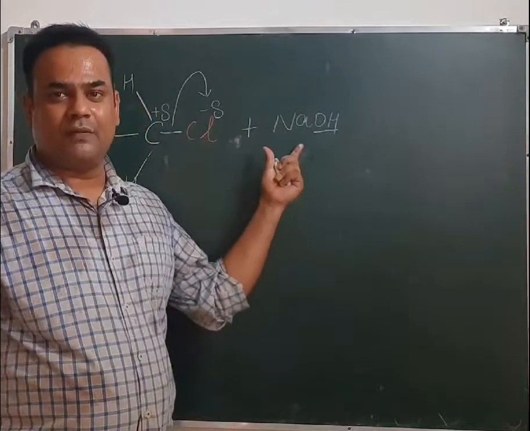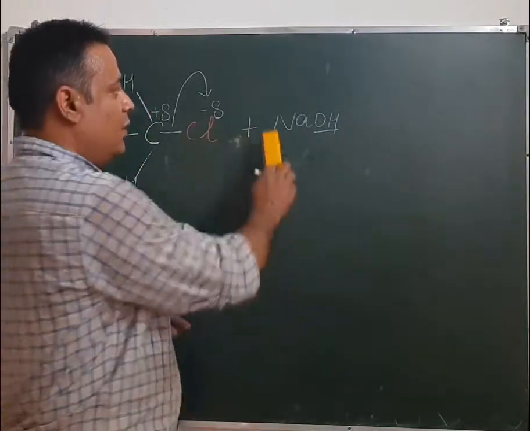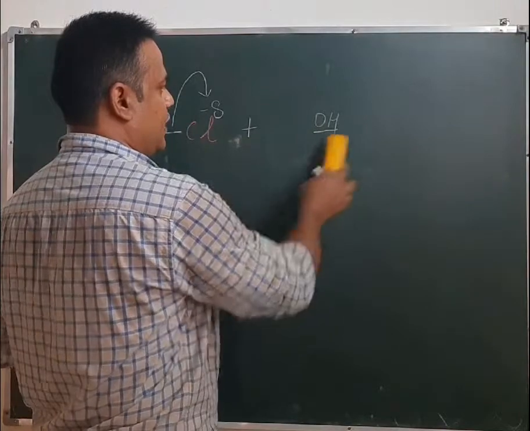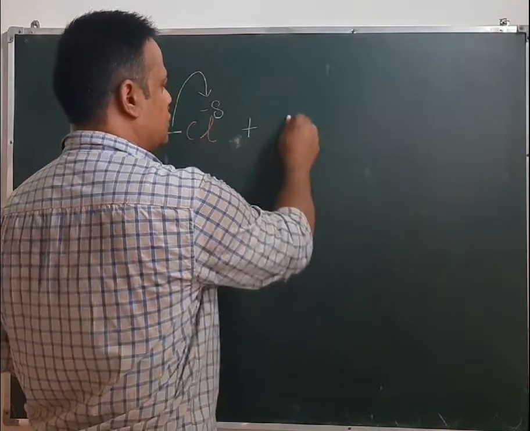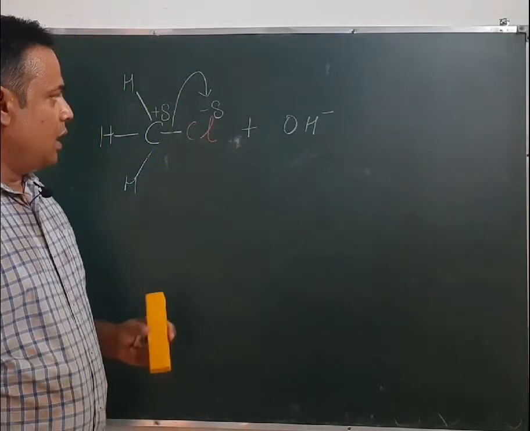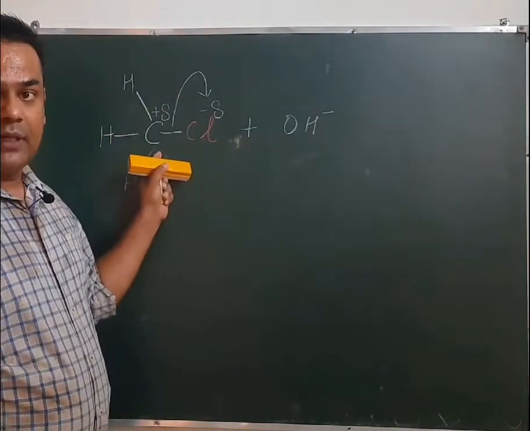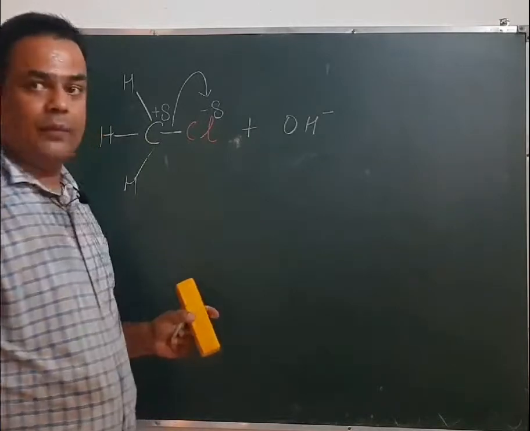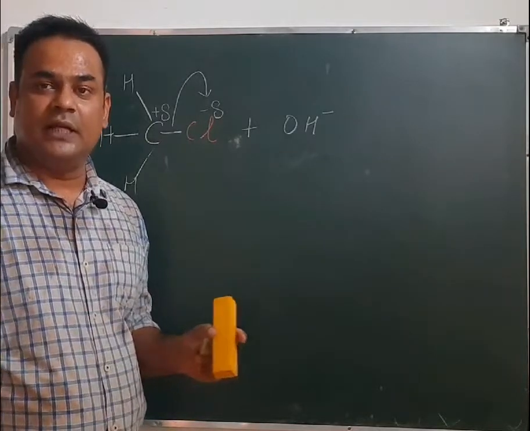So there is no use of writing this Na. We have only OH negative as the nucleophile. So we are writing here OH negative as the nucleophile. Now this OH negative will approach this carbon atom, and when it approaches, a nucleophilic substitution reaction will take place.